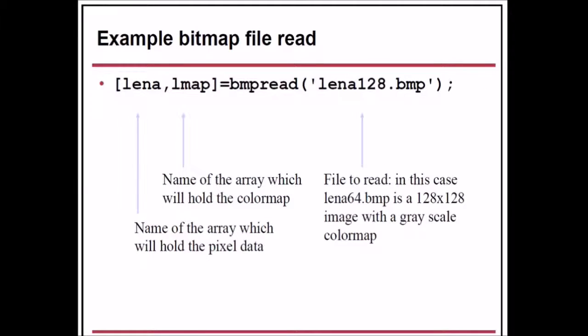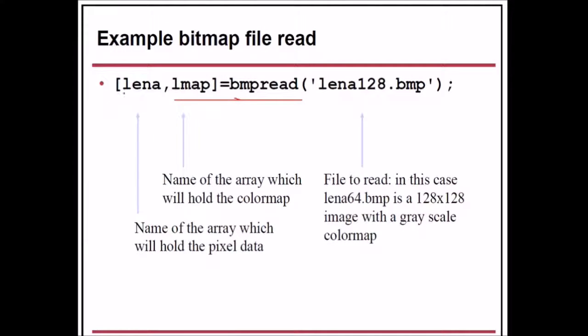This is an example with the famous Lena image. We are using the bmpread command with Lena128.bmp. The file to be read in this case is a 128 by 128 image with a grayscale color map.